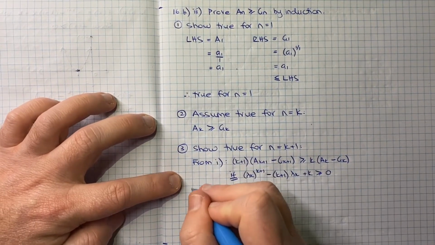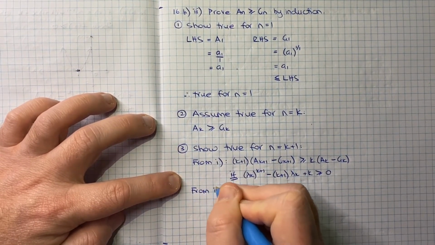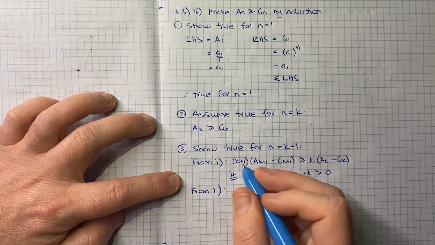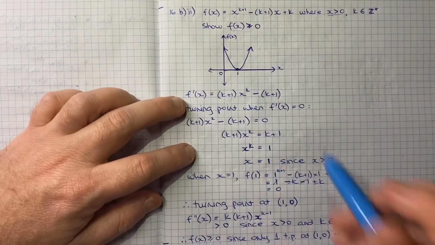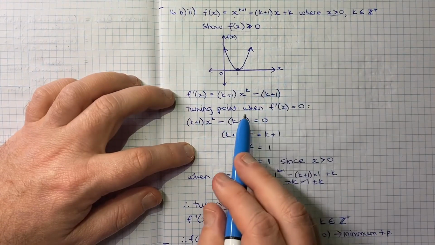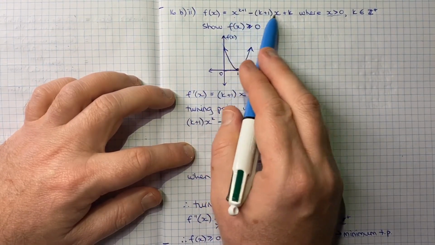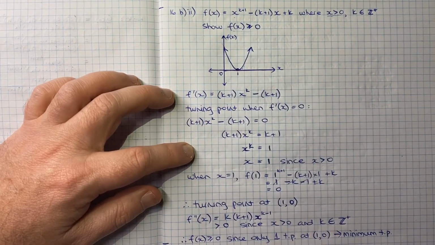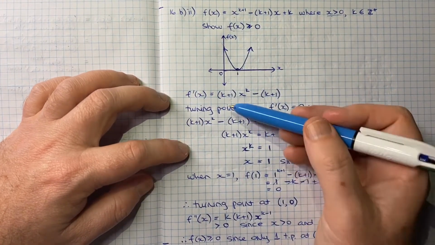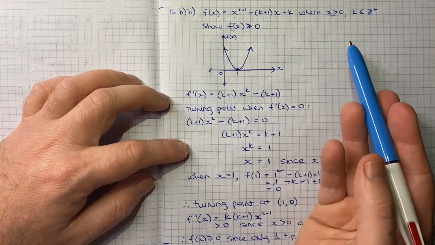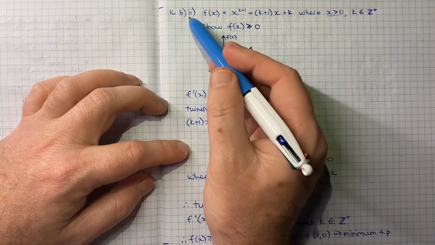But we can say from part 2 that we've proven that for x positive, x to the k plus 1 minus (k plus 1) x plus k will be greater than or equal to 0, because we worked through the steps to prove that. That's what part 2 was all about.